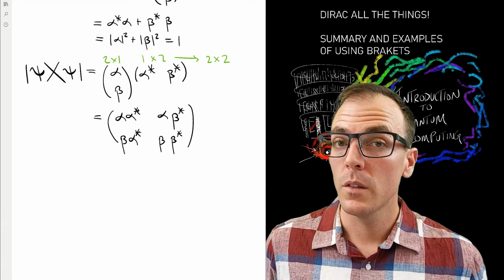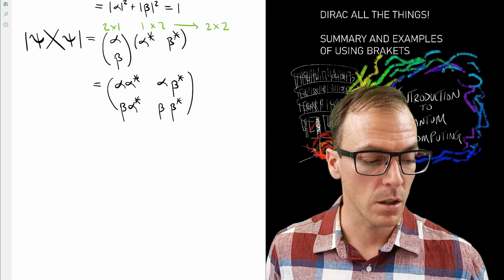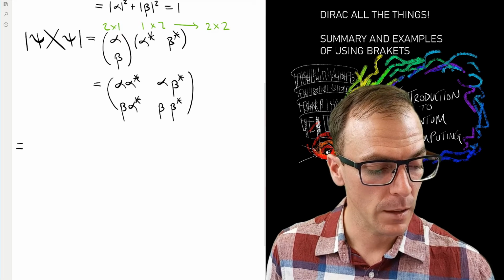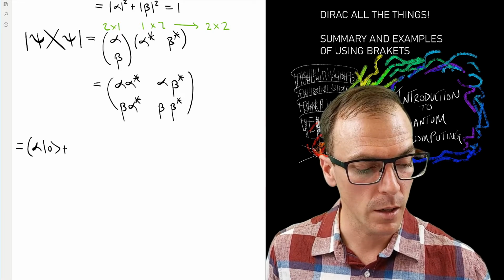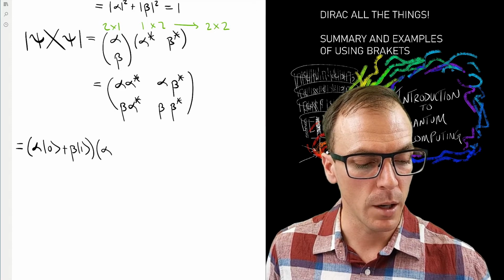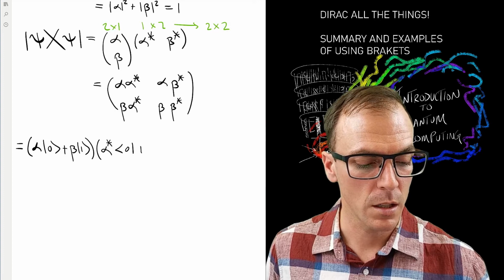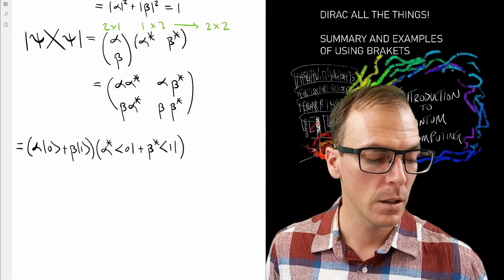Now we could have performed this calculation entirely in Dirac notation, so let's do that and see what we end up with. The first one is the ket, which is the original state we started with, alpha 0 plus beta 1, and then we multiply that by the bra, which is the complex conjugate, alpha star bra 0 plus beta star bra 1.